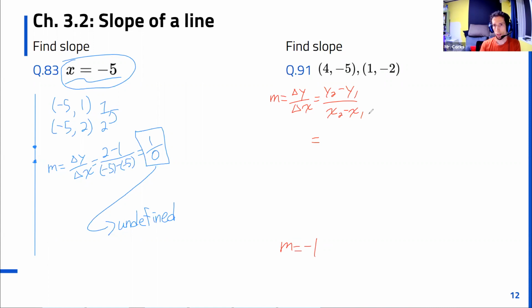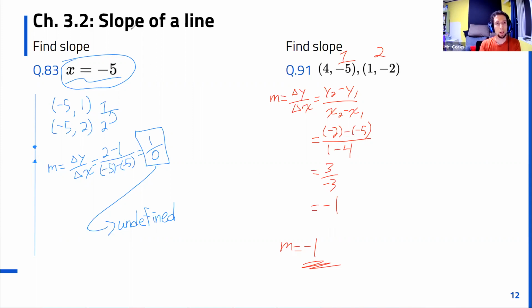Put in the numbers that we have here. Let's call this point 1, call this one point 2. So we have -2 minus -5 over, on the bottom, 1 minus 4. All right, so on the top we get +3, and on the bottom we get -3. That's just -1. So that's the slope.